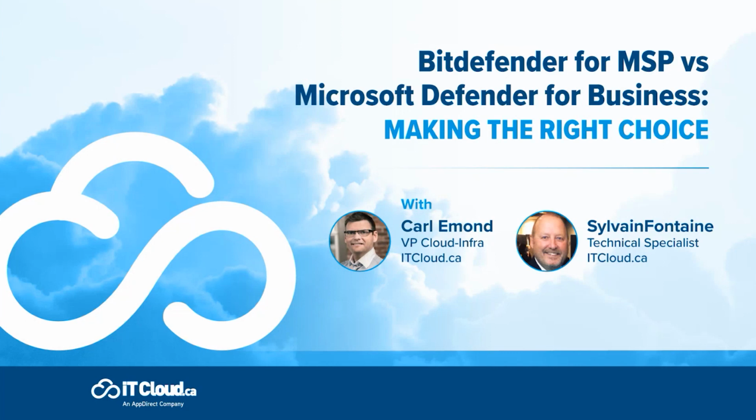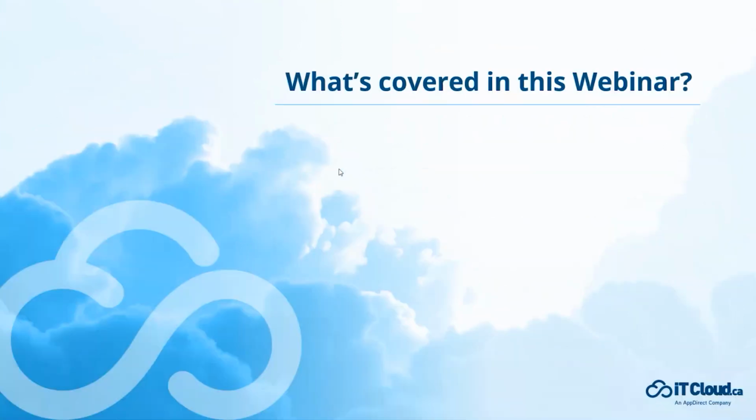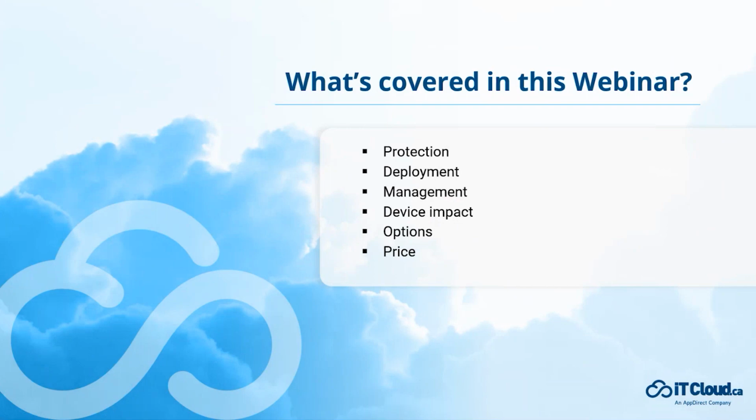So we're going to look at this. And as I was wrapping my head around how to show the differences, I put myself back into an MSP context. I was an MSP for most of my career, and I was an MSP before I joined IT Cloud. So I thought, how can I make this make sense through the eyes of an MSP? And what I came up with is this. We're going to cover this webinar on 6 specific points.